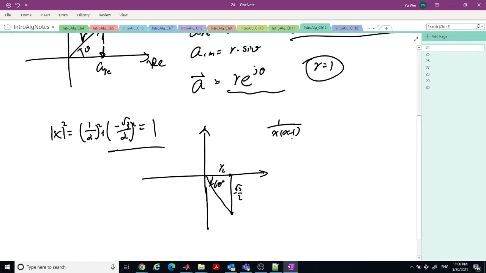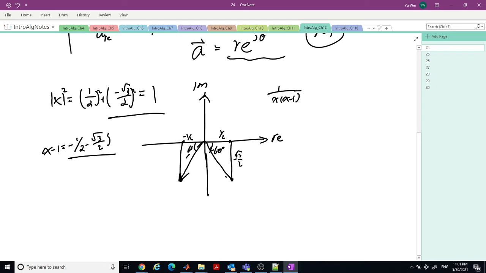Let's see what x minus 1 is. x minus 1 is equal to negative 1/2 minus root 3 over 2 i, right? So here is the real and imaginary. You can see negative 1/2 is here. By symmetry, this is also 60 degrees, right?